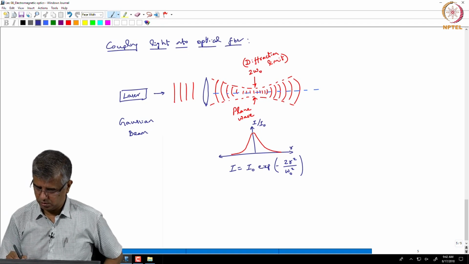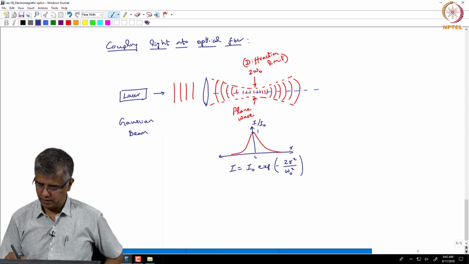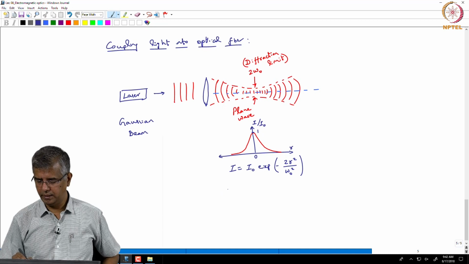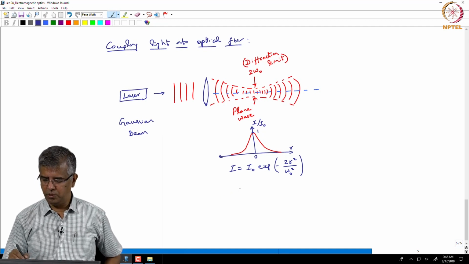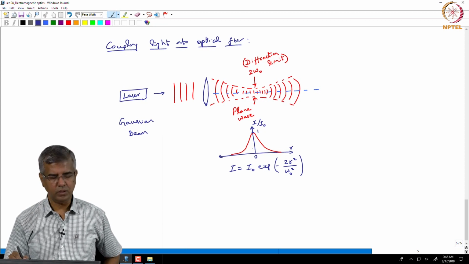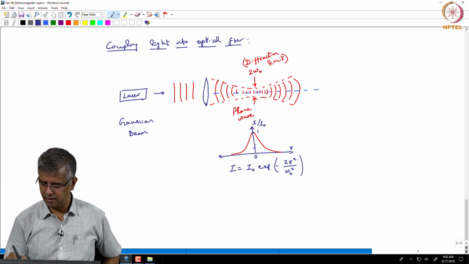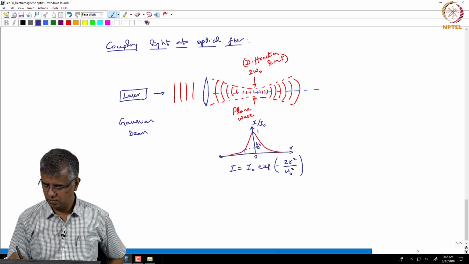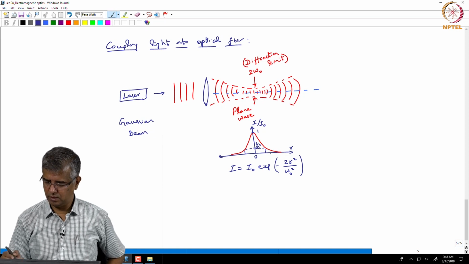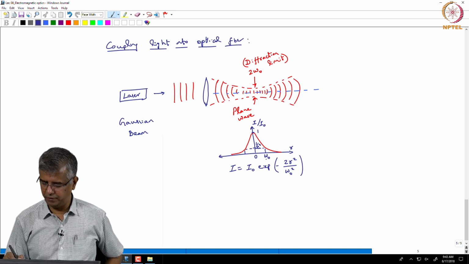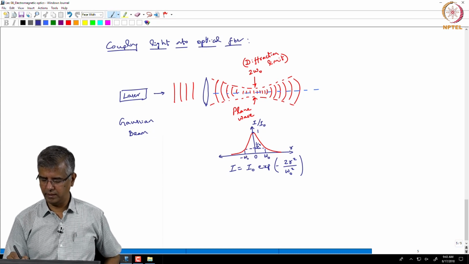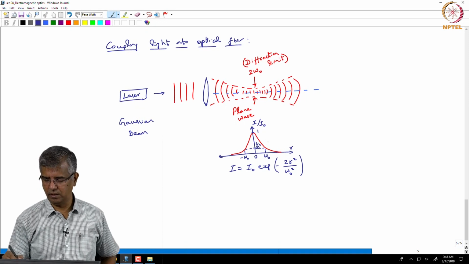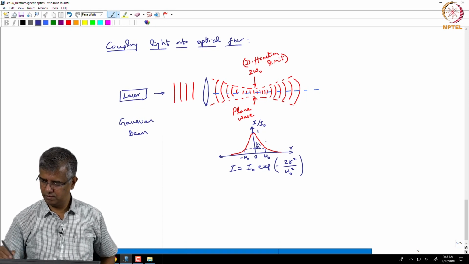Okay. So that will be the intensity pattern. So clearly this would have a value of 1 at the center, and what would w naught correspond to in this picture here? The 1 over e squared value. So where I over I naught goes to 1 over e squared, the corresponding radius would be called the mode field radius, and the corresponding diameter would be called the mode field diameter, right.